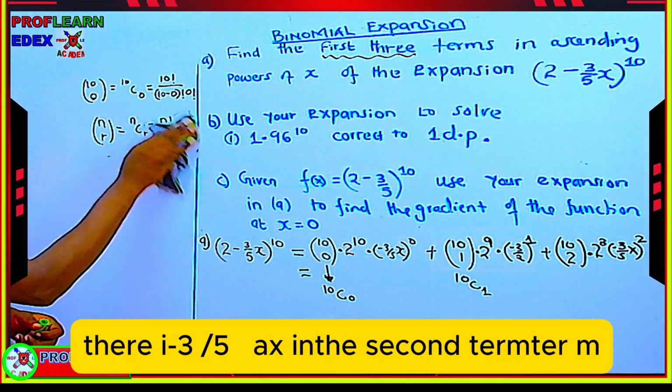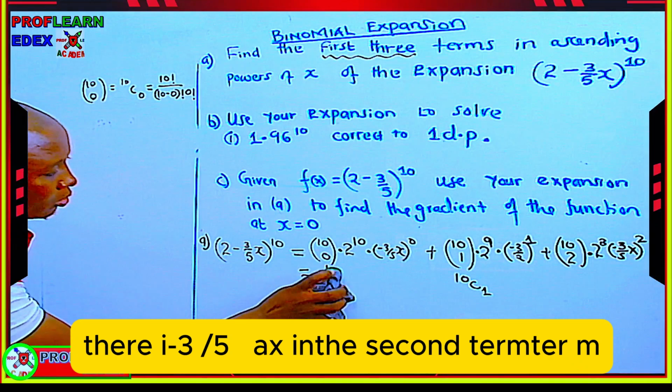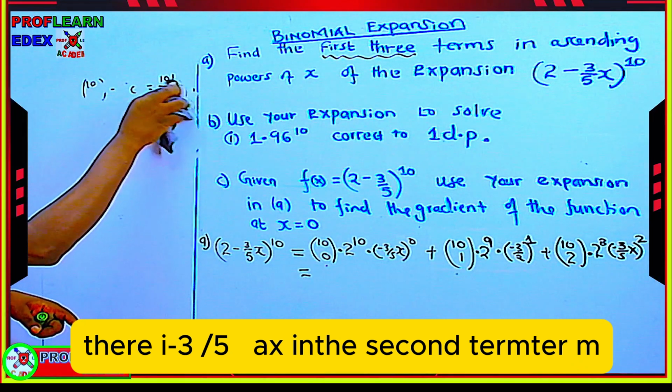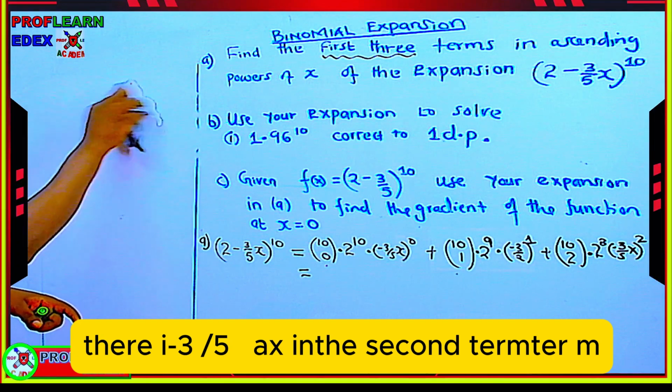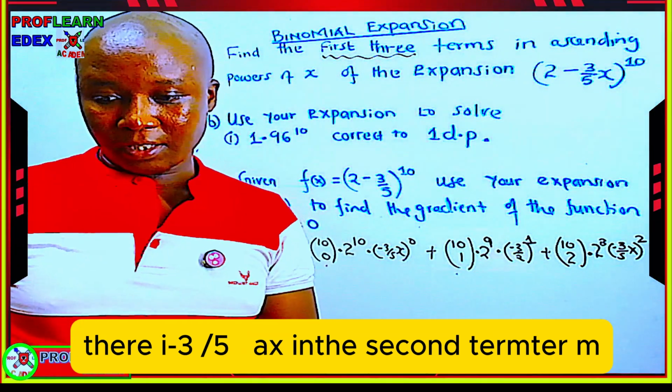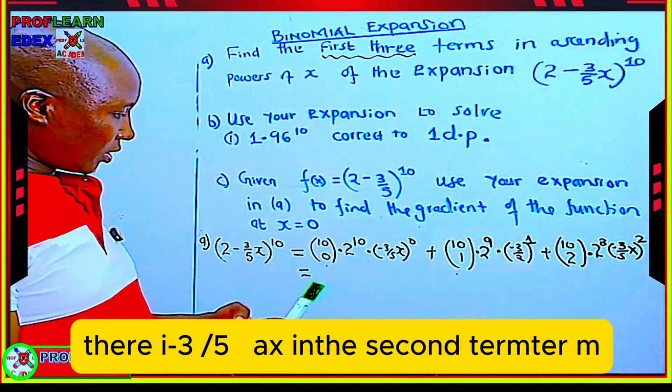But to find these combination coefficients, you just need to put them in your calculator and get them directly. For instance, for the first part we have 10 combination 0.